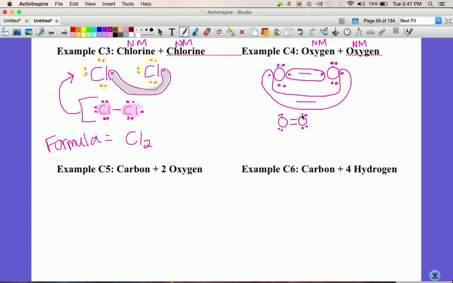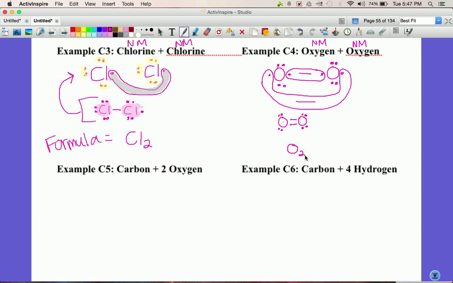So again, 8 for that oxygen, and 8 for the other. So they both have 8. Then for the formula, you'll write an oxygen, and we used 2 different oxygens, so it's O2, which is oxygen gas.